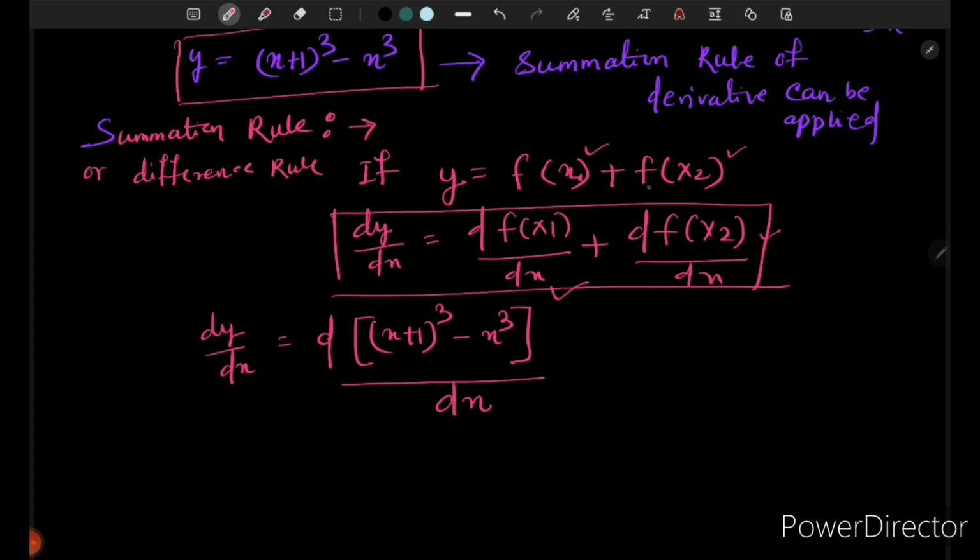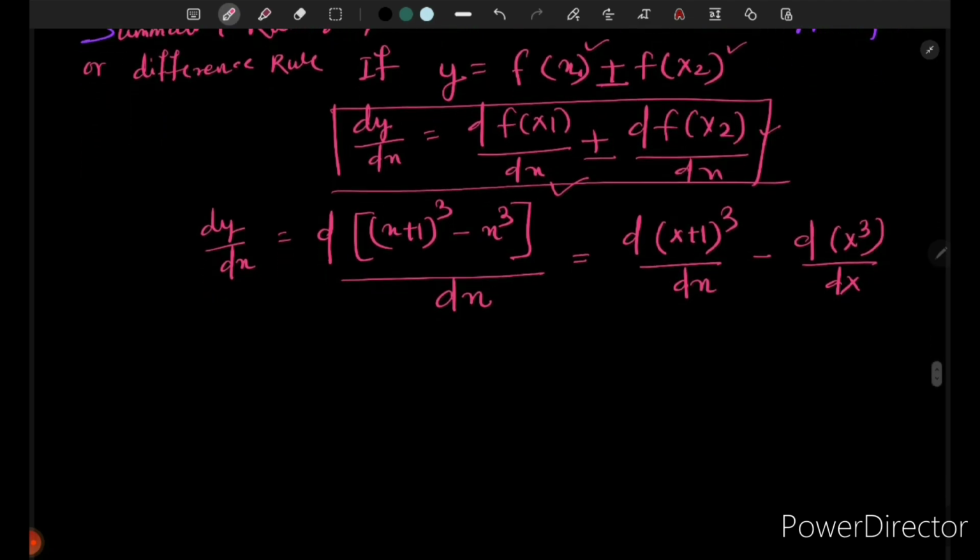That means if it is written plus here, then you can put it a plus or minus. Okay, so we can write it as derivative of (x plus 1) to the power 3 with respect to dx minus derivative of x cube with respect to dx.